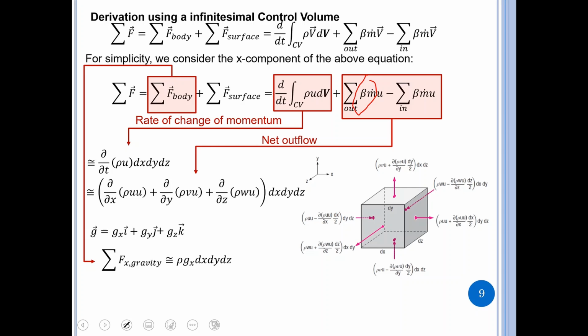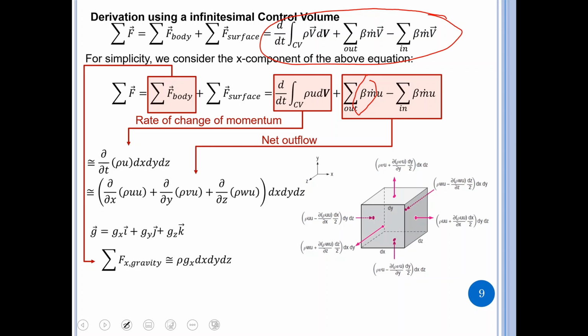Now, if you go back to the previous equation, this particular part had rho v v dA over the control surface. To replace that integral by an algebraic expression, what we had assumed is that the velocity is an average velocity, rather than saying that the velocity is changing.